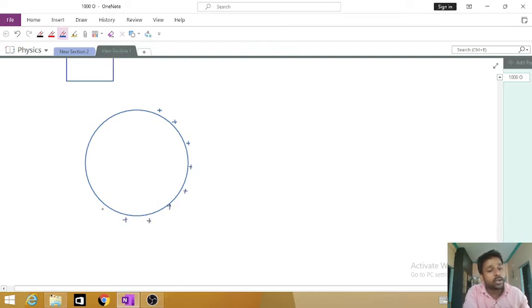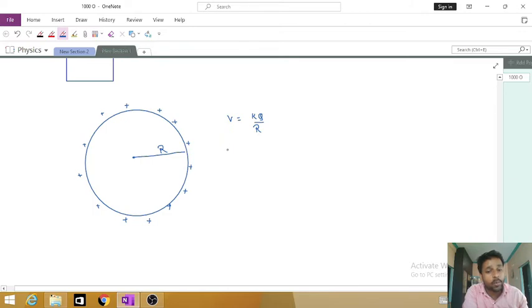If we check the potential on the surface of this sphere, which has radius R, the potential V is given as V is equal to KQ upon R. So this is the potential on the surface of the spherical conductor.